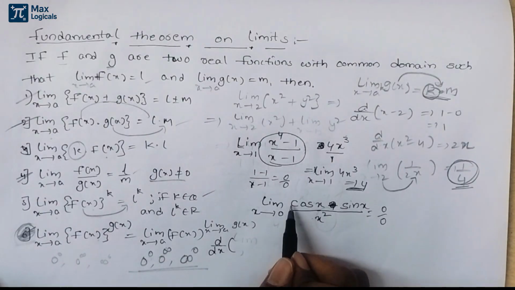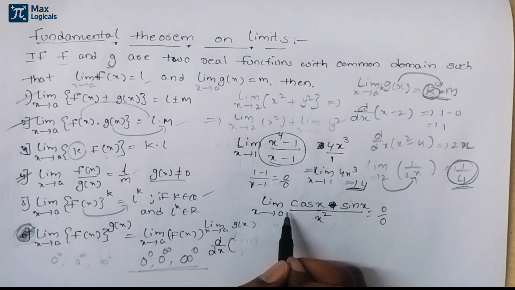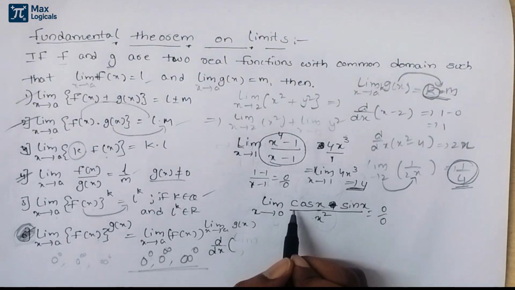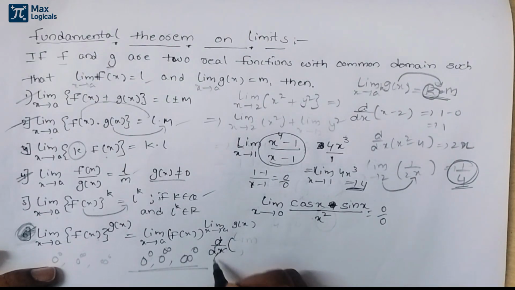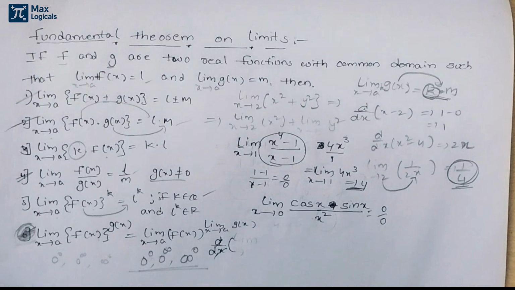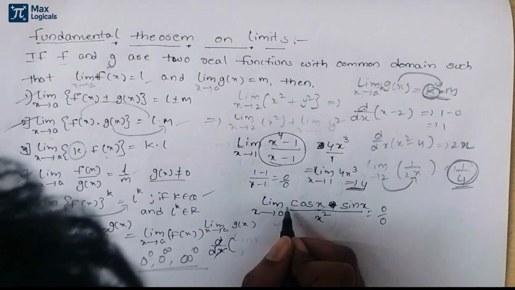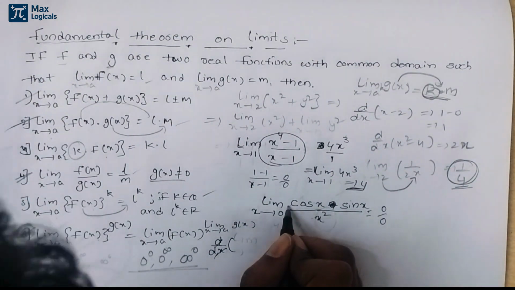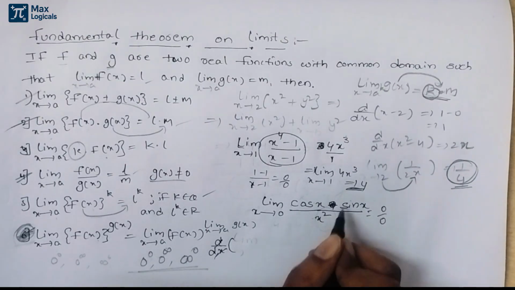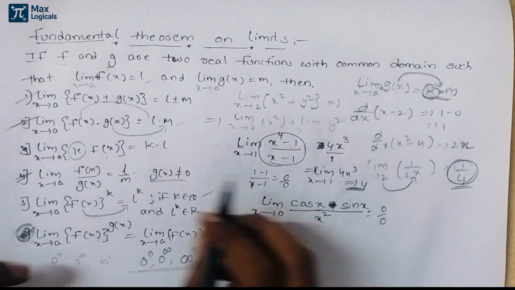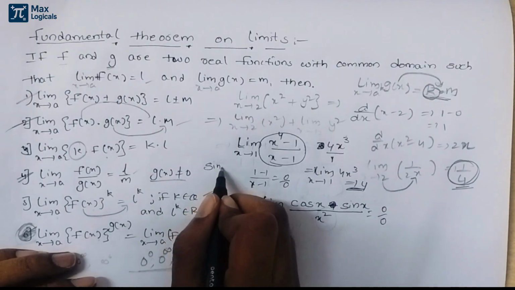Here the numerator is in the form of sin 2x, since 2 sin x cos x equals sin 2x.